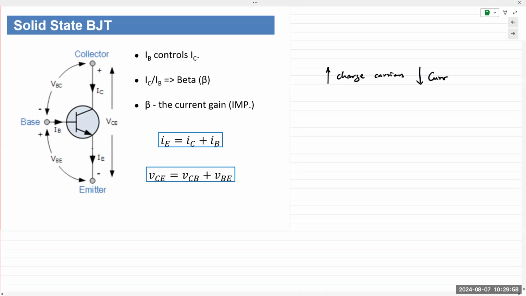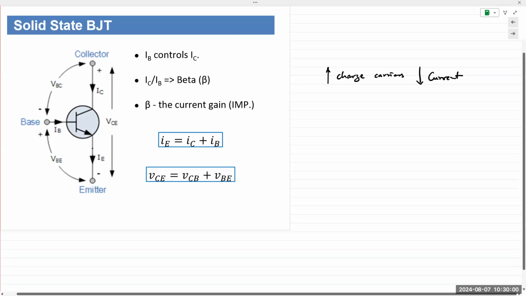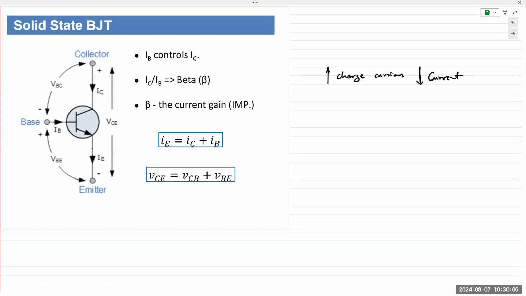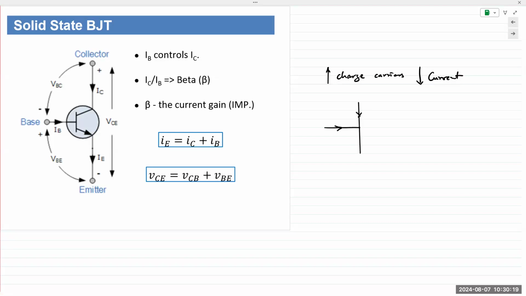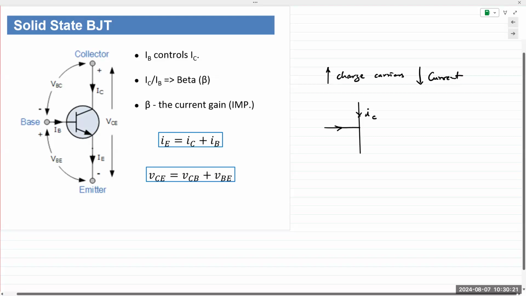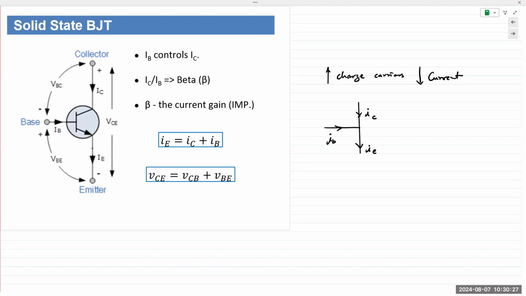Current is the opposite of the flow of electrons. So current is actually coming down. If current is coming down, we can apply KCL, and you can consider the transistor as a T. You have IB coming in, you have IC coming in, and you have IE leaving.